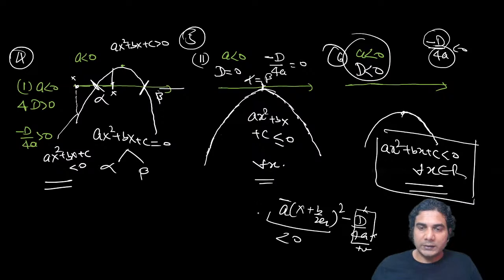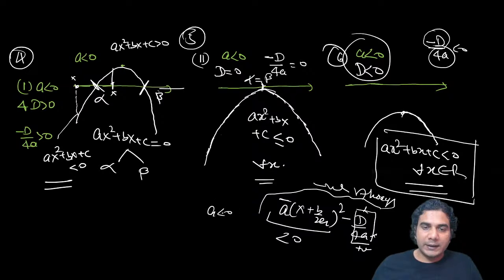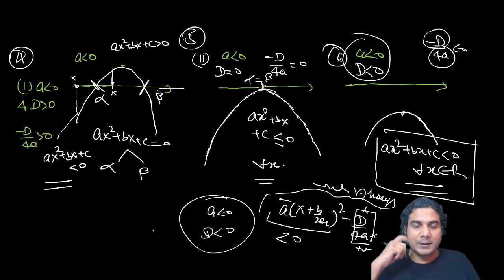So this whole thing is going to be negative always when a is negative and d is negative, right? All right, so these were the graphs in various conditions.